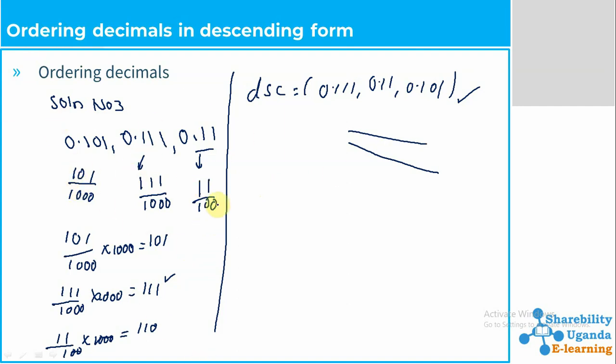After changing to a proper fraction, then you look out for a factor that can divide all our denominators. Then you'll be able to get the answer right. Then lastly, you arrange these numbers accordingly. If it is descending, let it be descending. If it is ascending, let it be ascending.